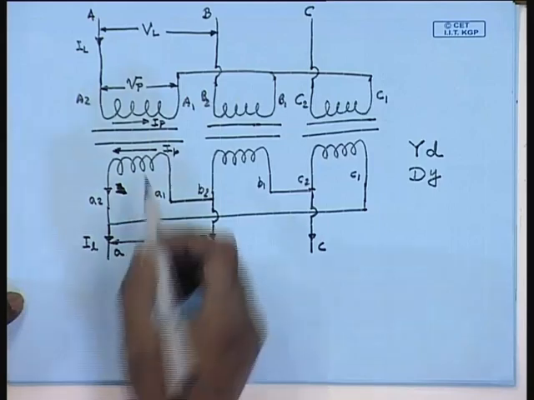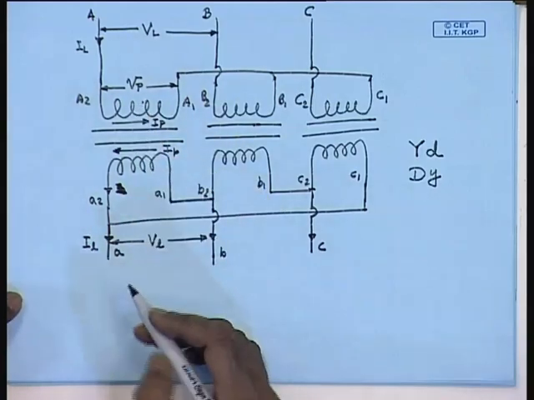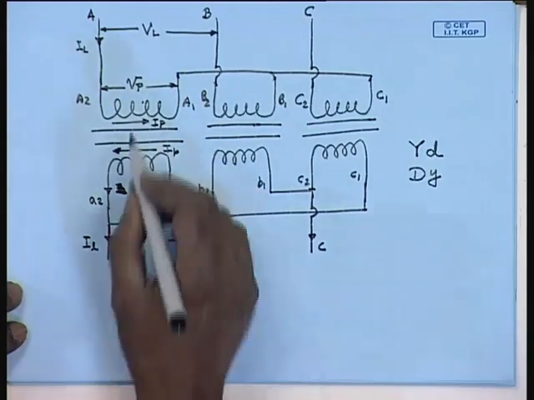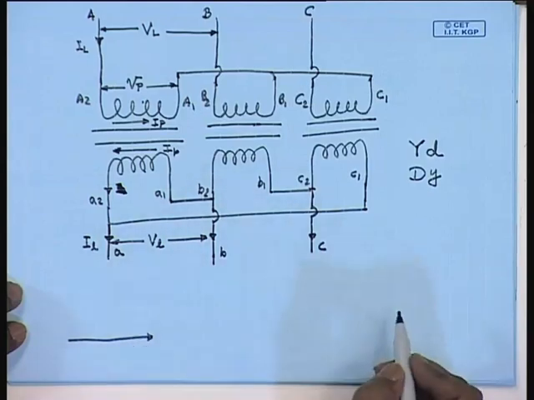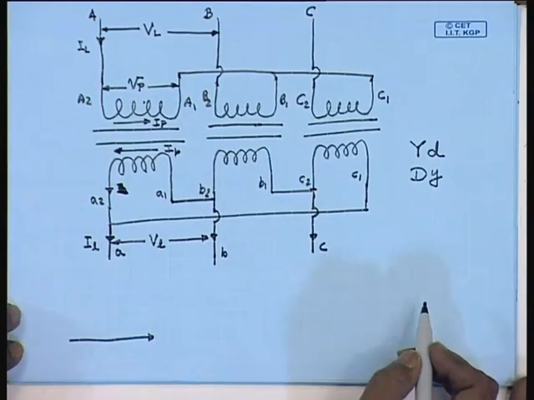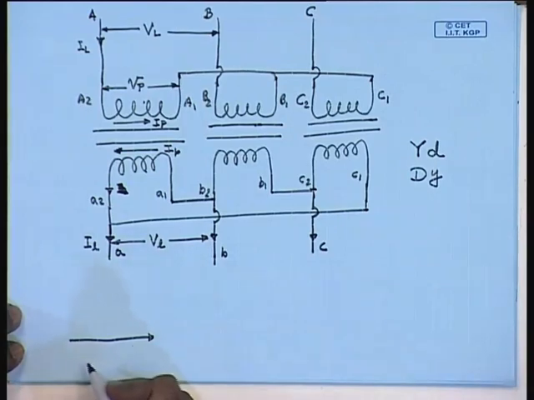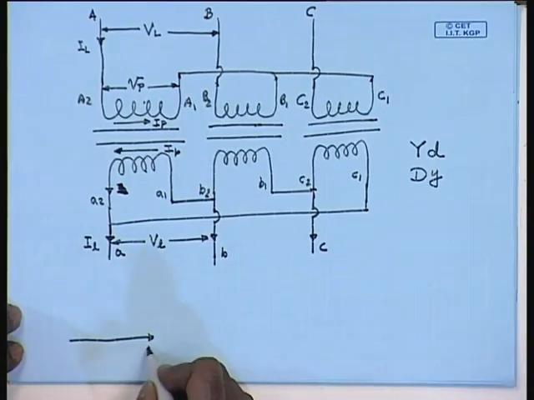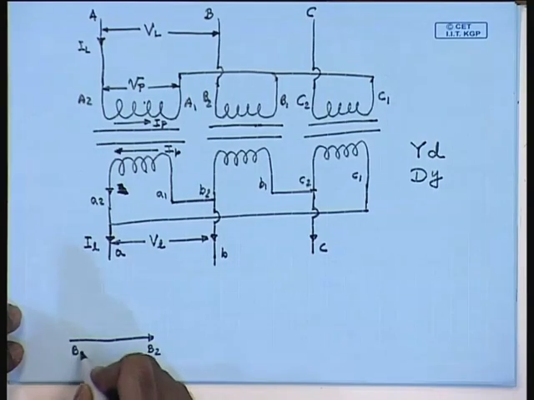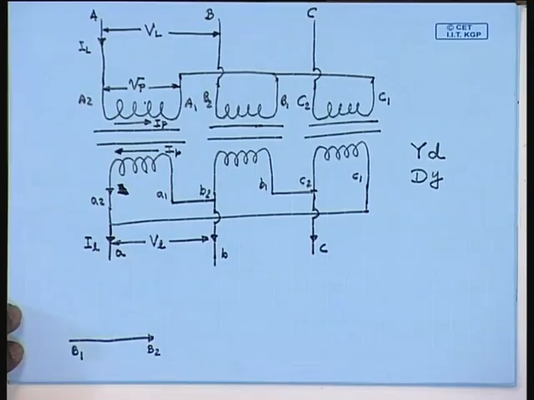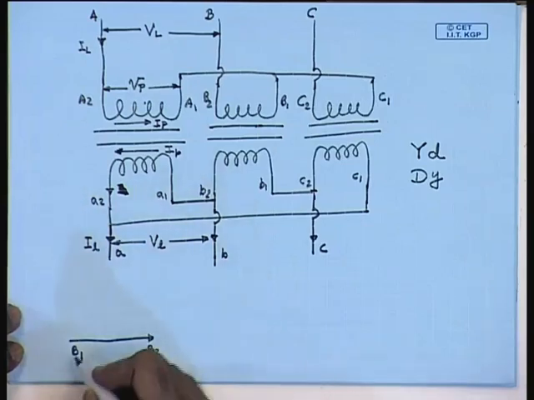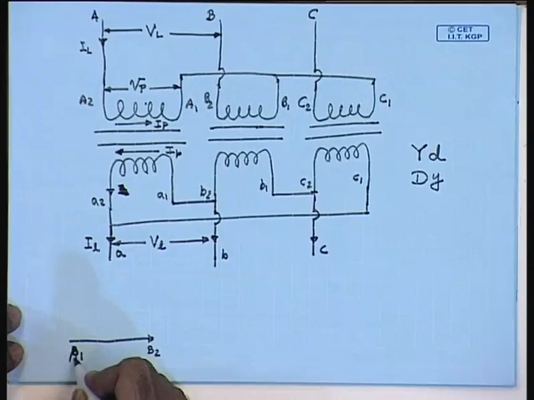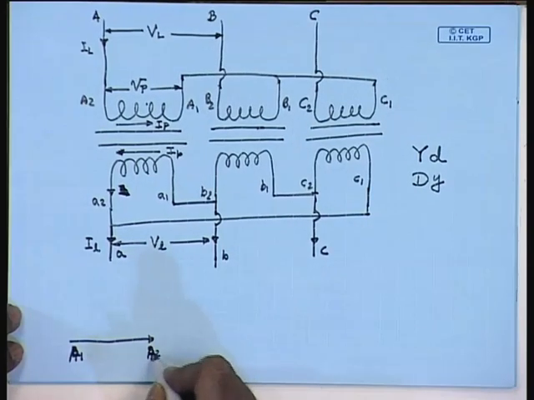Since the basic transformer relation must hold, so this is the phasor, let us say V_B2B1, that is, this is the terminal B2, this is B1. Okay, let us call it A1, A2.